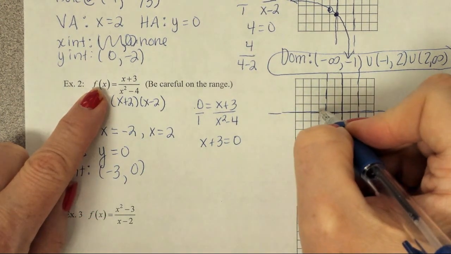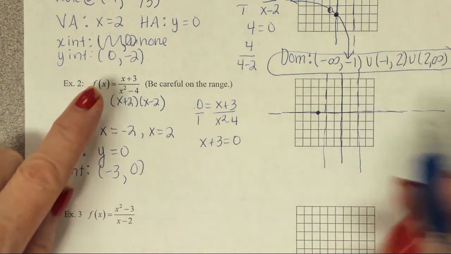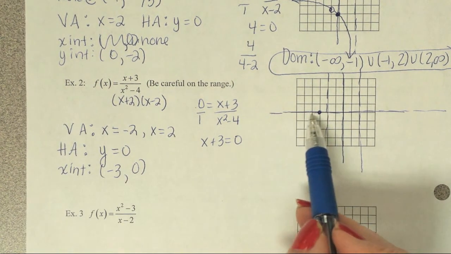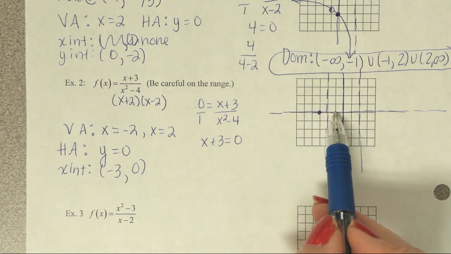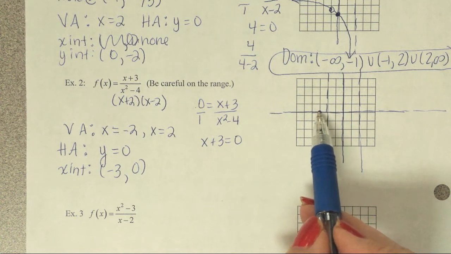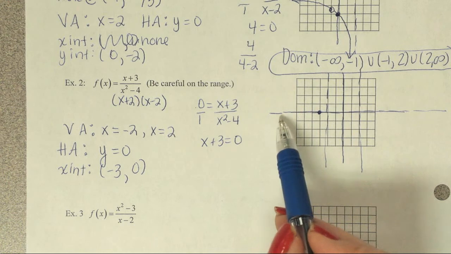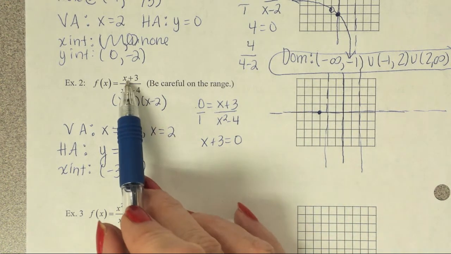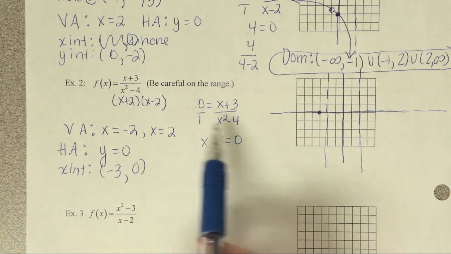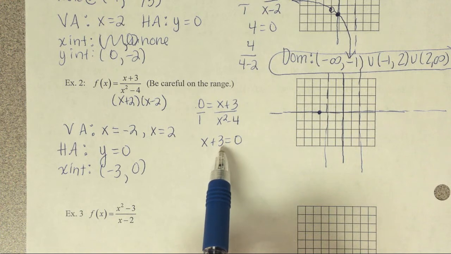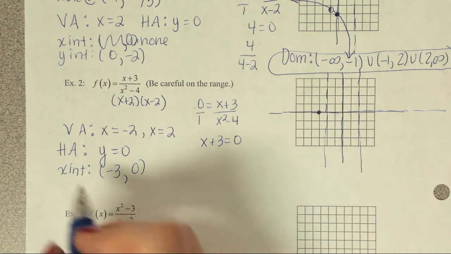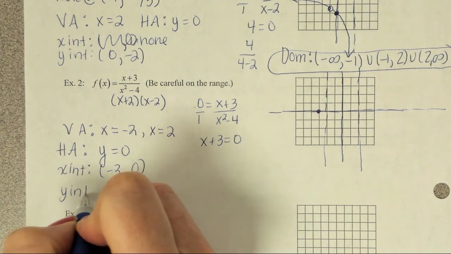So -3, 0 is going to be an x-intercept. Is it going to cross my horizontal asymptote then? Yeah, because it's right there on that horizontal asymptote, so it's going to cross it. Remember how we said it can cross it. By setting this function equal to the horizontal asymptote, I can see that it's crossing it right there.